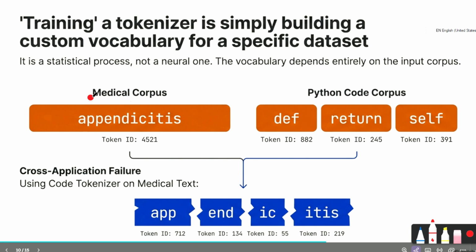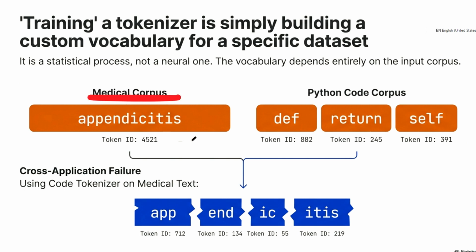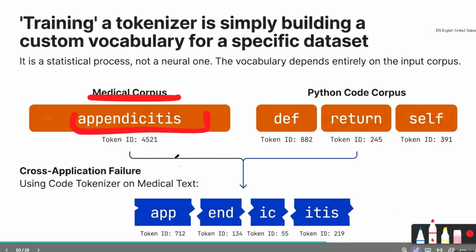If we move further ahead, for example, you train the model on a medical corpus with a lot of medical data, and it saw the sequence A-P-P-E-N-D-I-C-I-T-I-S, appendicitis, occur together a lot of times.